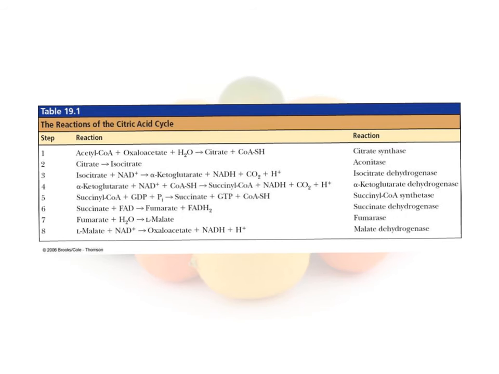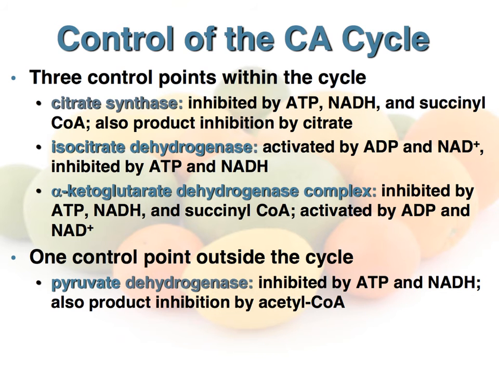A lot of this I've already covered as we went along. The 3 control points or checkpoints: there are 3 within the cycle. Please don't memorize just the numbers, because one tricky thing I've done before on exams or quizzes is, instead of having step 0 or 1 at the top, I turn the cycle, and people who just memorize the numbers get it wrong.